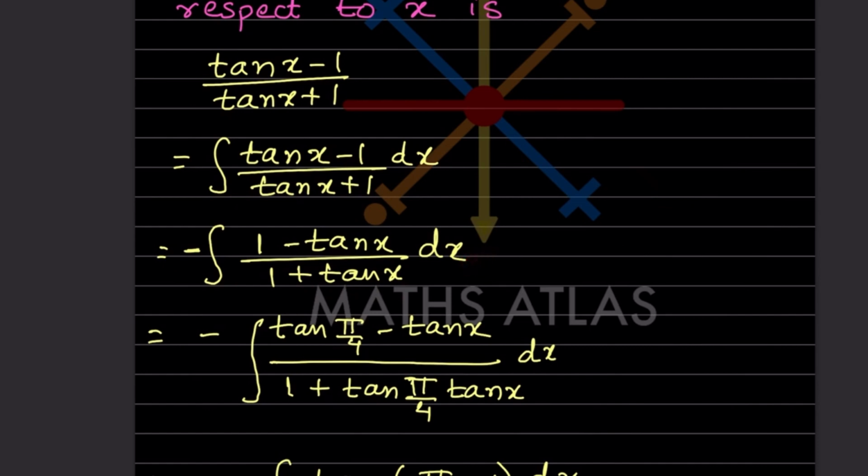That will be tan of (pi by 4 minus x), because 1 is tan of pi by 4. Pi by 4 means pi is 180, so 180 by 4 is 45, and tan 45 is 1. So minus this tan x and here will be 1 plus this tan x. We can also write this as tan pi by 4 and tan x dx.